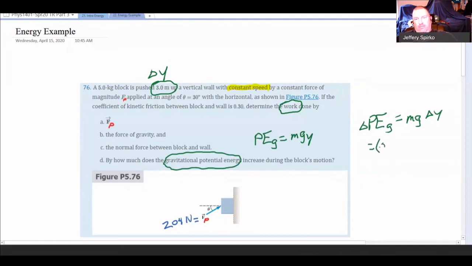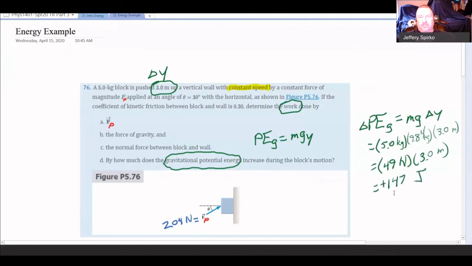Have our 5.0 kilograms times 9.8 newtons per kilogram times 3 meters, which is 49 newtons. Did that already. And that's a positive 147 joules.